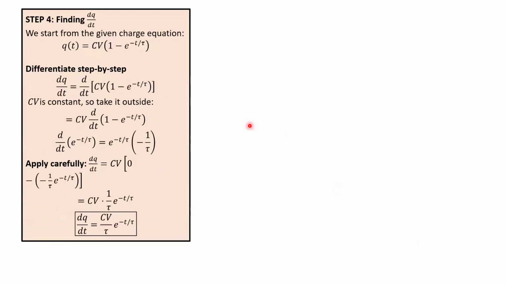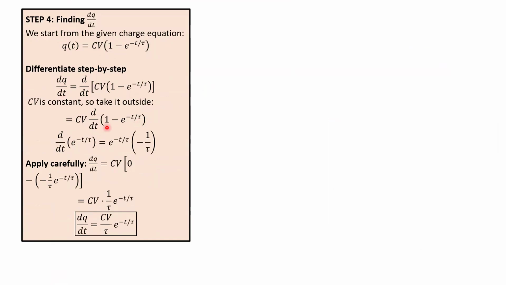Next, finding dq by dt. This is the given expression. dq by dt means you have to differentiate this equation with respect to t. That is d by dt of CV into 1 minus e to the power minus t by tau. Here CV is taken as constant, so CV taken out, d by dt of 1 minus e to the power minus t by tau.